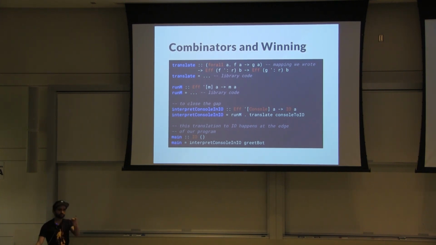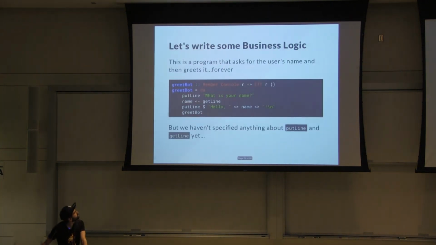Yes? On the previous, I think two slides ago, you had this Member constraint. Is that coming from Eff, or is that coming from type level lists? So type level lists in general are not defined inside of any of the Freer libraries. They are a consequence of the DataKinds extension.